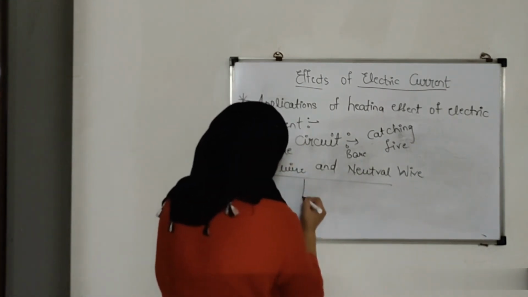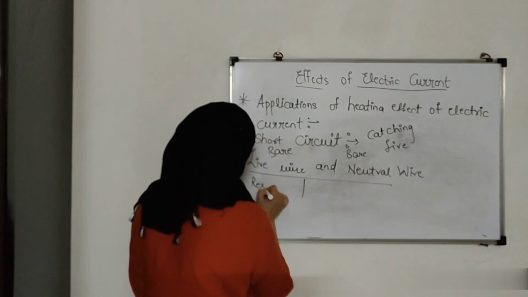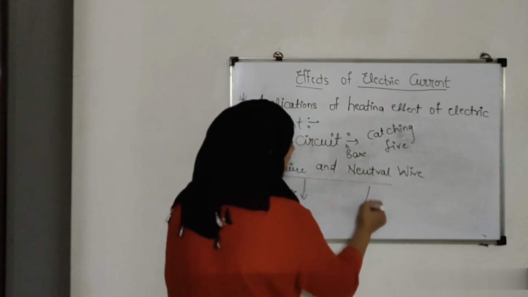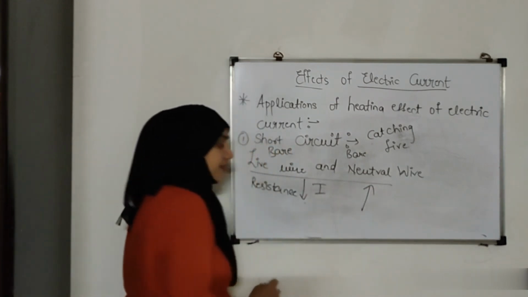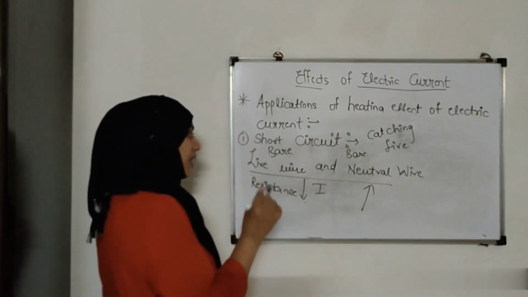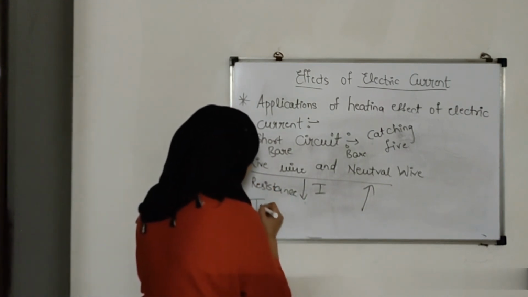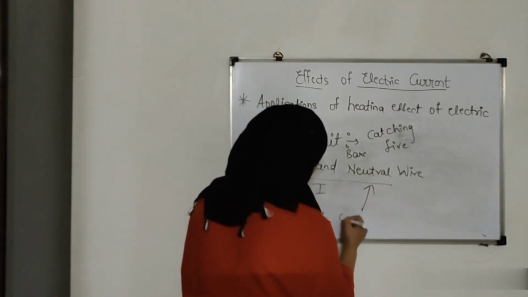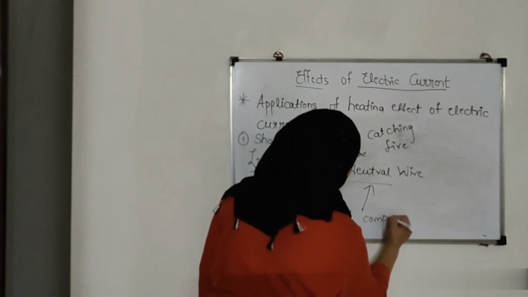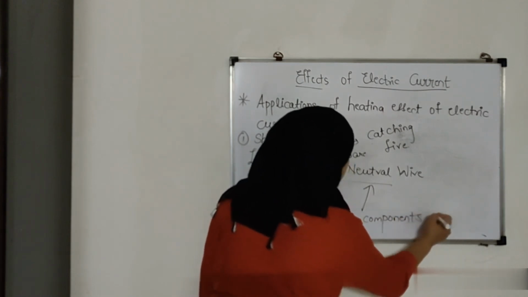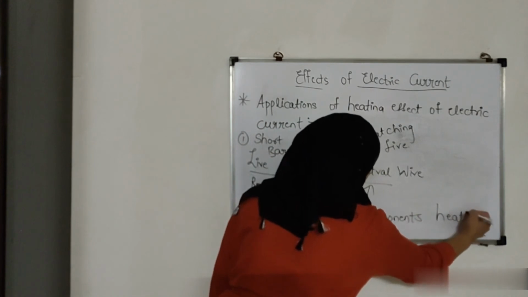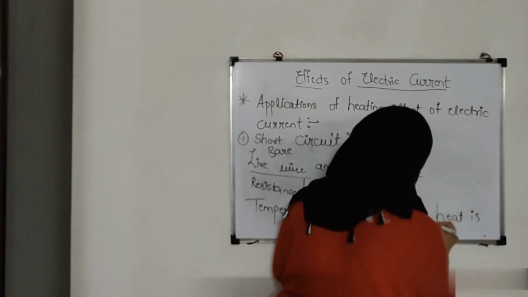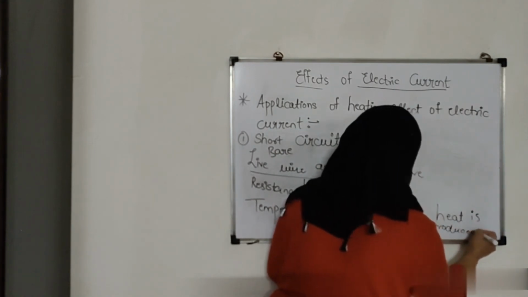Their resistance becomes very low. Resistance decreases, and a very large amount of current flows through it. Because of the current, the temperature of the components increases. Heat is produced, and it catches fire. Understood?